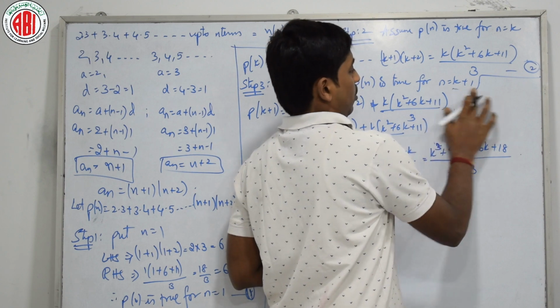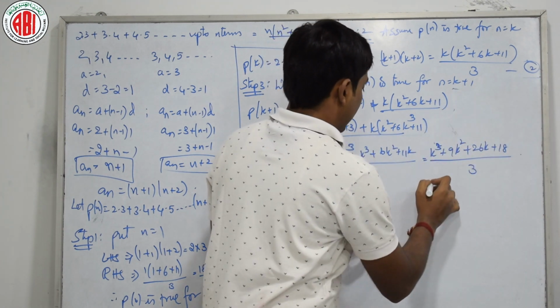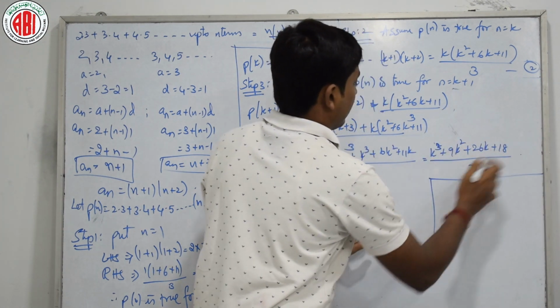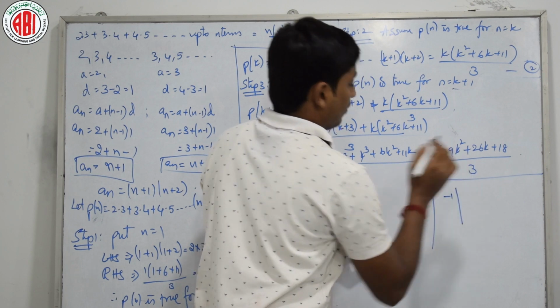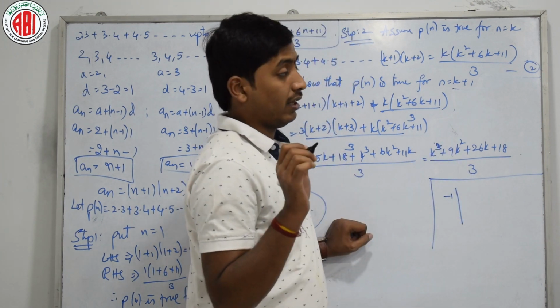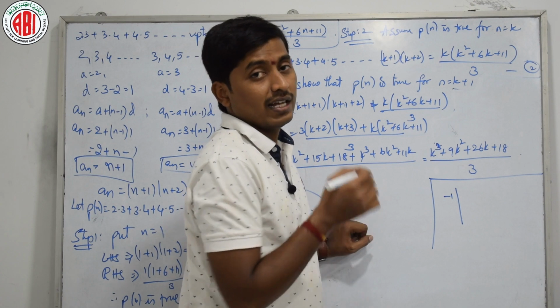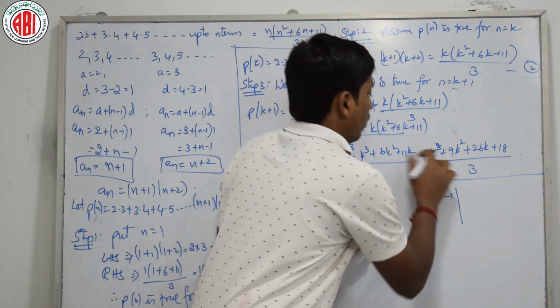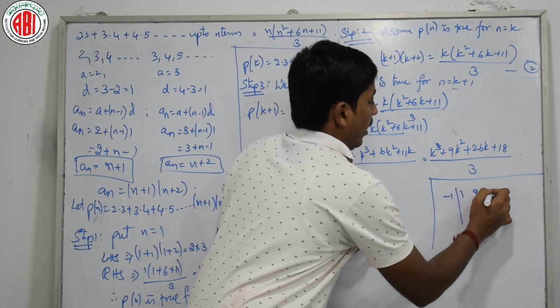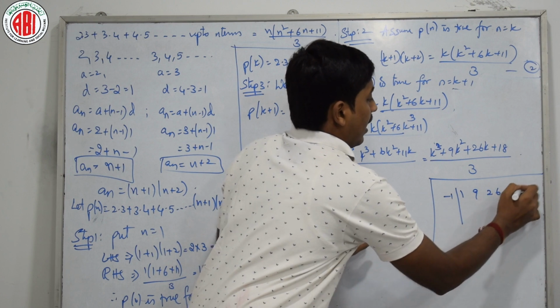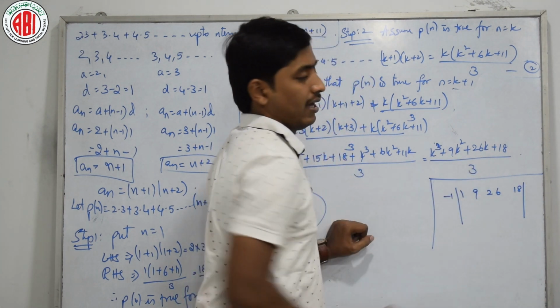Okay, let me do it separately here. I will just show you how to do that. Just put minus 1. Even for people who don't know this method, just check how to do this. 1, 9, 26, 18. Write whatever it is there.